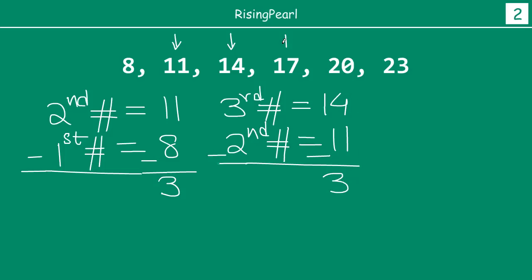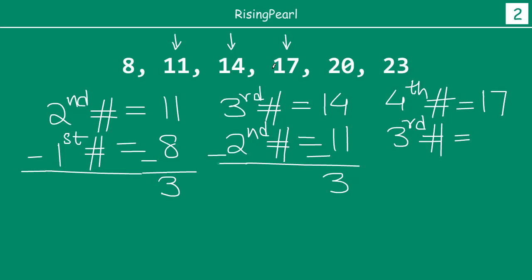Now let's move on to our fourth number. Our fourth number is equal to 17. Let's subtract the third number from the fourth number. The third number is 14. So if we subtract, 17 minus 14 is 3.